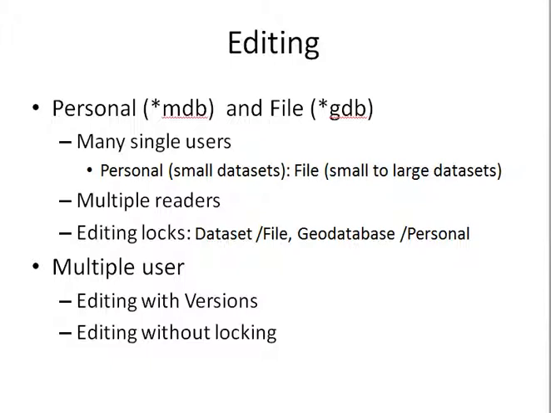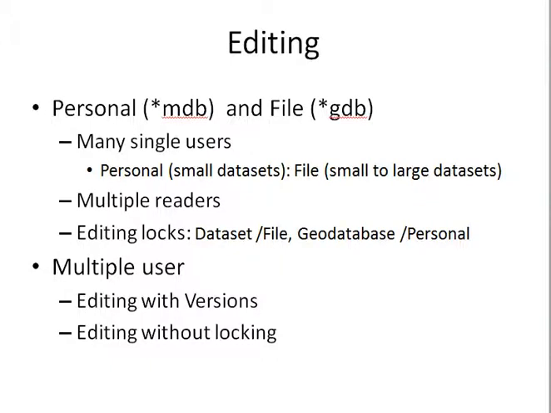You can have many people open and look at a geodatabase, but it really limits how many people can edit. So if I had a file geodatabase and I had 3 separate feature data sets, I could have 3 different people each editing one of the feature data sets.